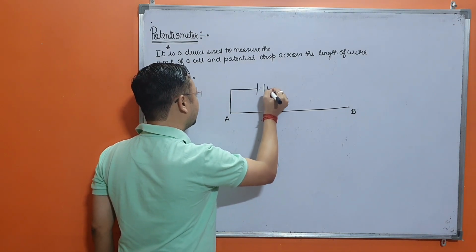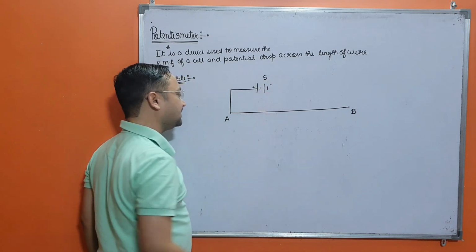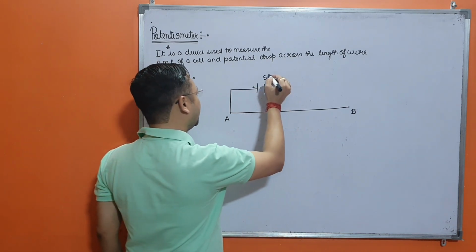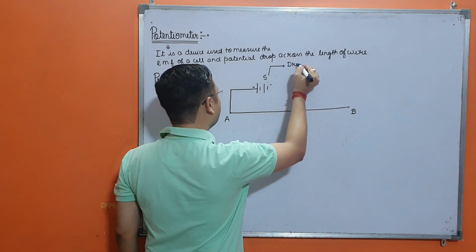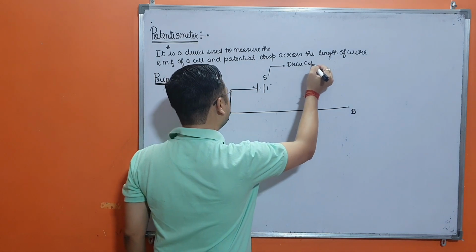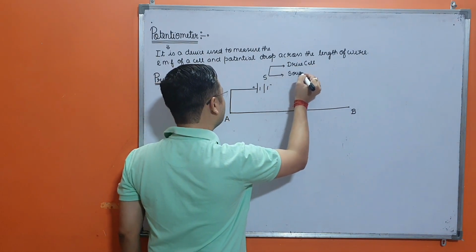current in the circuit. And since this DC source is driving the current in the circuit, therefore beta, this cell will be named as the driver cell. It is named as the driver cell, or you can also say the source battery.